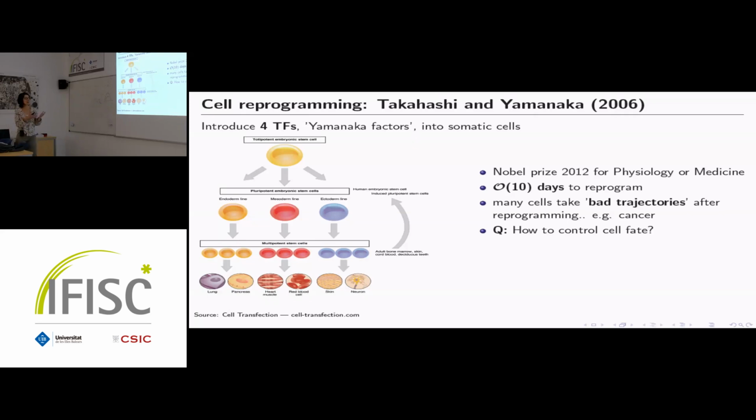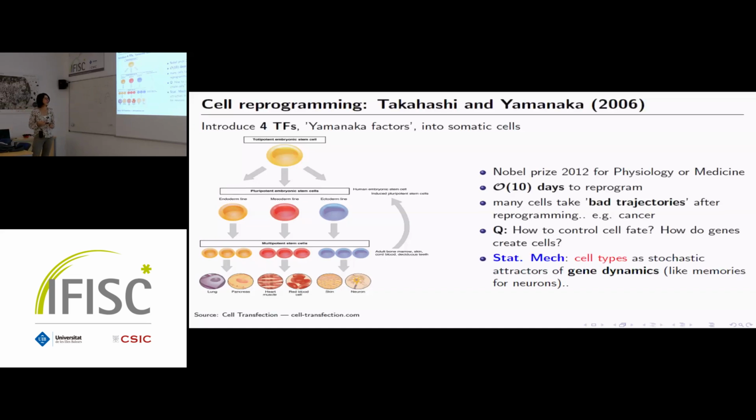However, many cells are seen to take bad trajectories, so to speak, at later stages. So, for example, they can develop cancer later on, which, of course, limits the use of this experiment in vivo. So the big question here is how to control cell fate. Okay? And I thought perhaps before answering this question, we should understand how genes create cells in the first place.